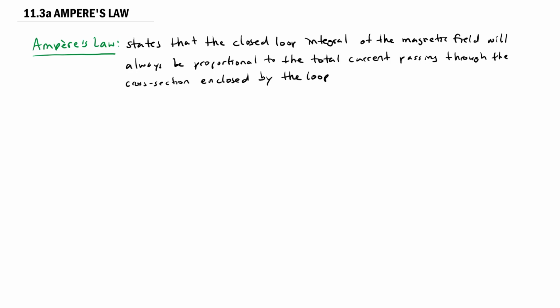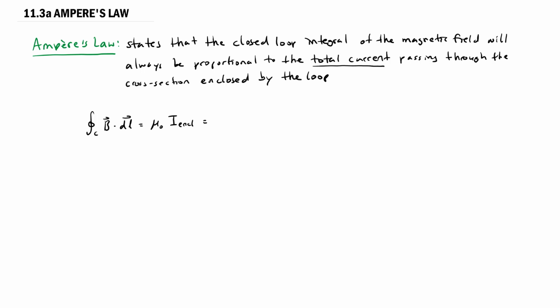So as we already saw, Ampere's law was written like this. The integral of B dotted with dl is equal to mu naught times I enclosed. But from our previous section, we know that there's another way to find the total current.